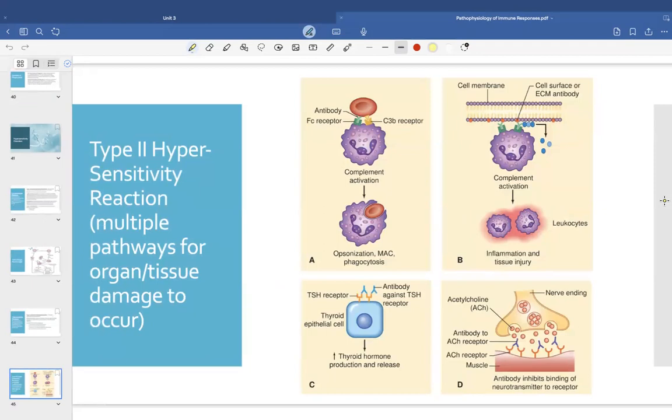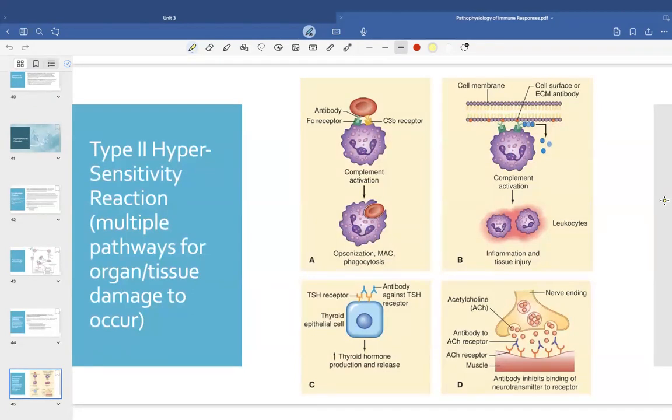It can be related to receptors on the cells, with opsonization. You can have activation of complement, which then is going to trigger that whole process.